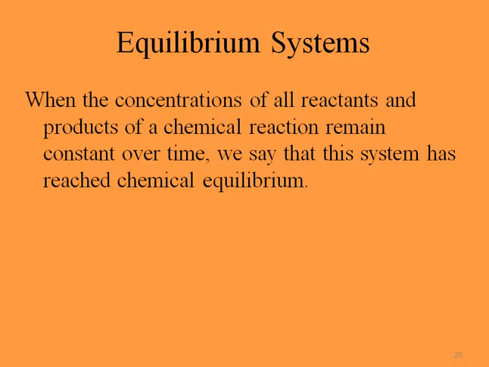It means that at this point, the concentrations of reactants and products are not changing, and the reaction is still going, but you don't notice any kind of changes in the concentration or color.